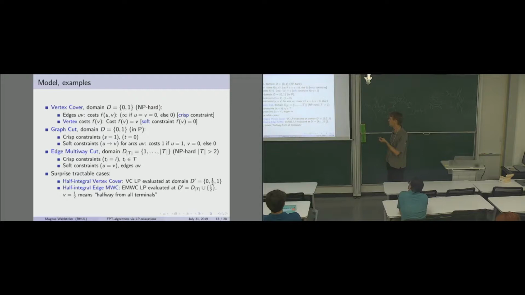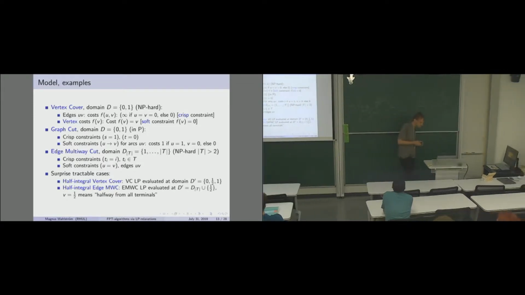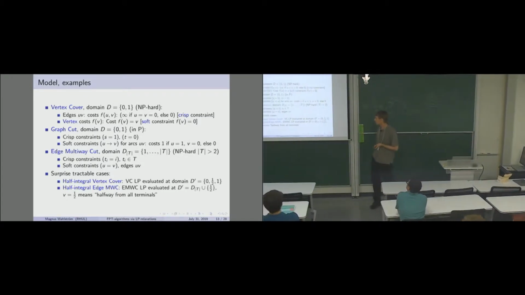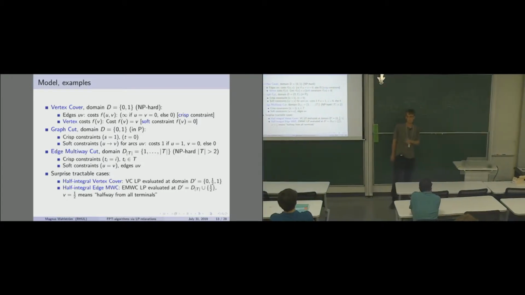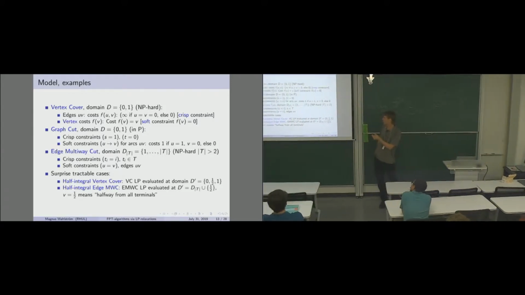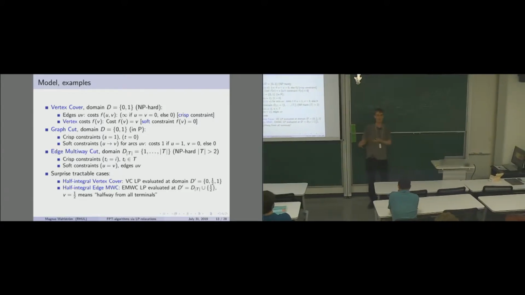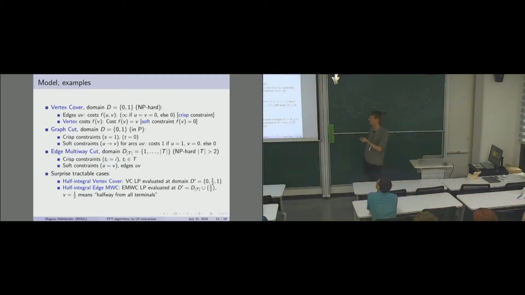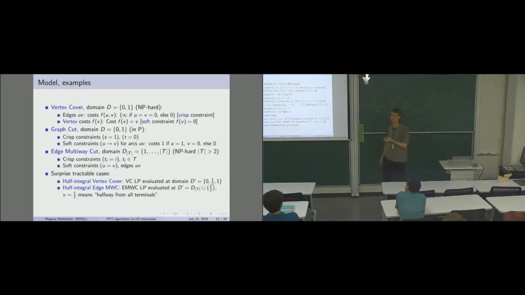Half-integral LP edge multiway cut in the same way, just add a 1/2 value to your domain, and you get something that is a tractable problem. In these two cases, they come from looking at what the known LP does, but they also happen to have some algebraic condition that proves that they are tractable. And the algebraic condition is what we'll use to get the FPT algorithm.